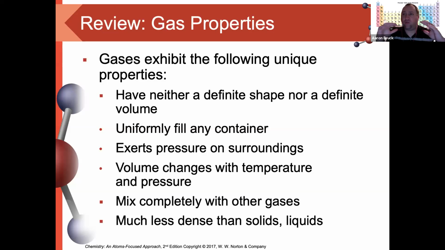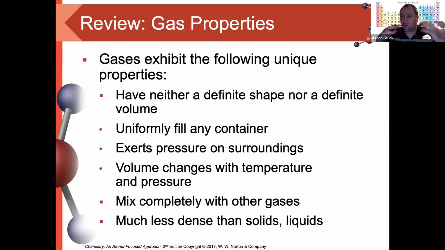They have a uniformity to them. They can fill any container. Unlike liquids and solids, they actually exert a pressure. And we know that with regard to volume, their volume will change significantly with temperature and pressure changes. And this is different than liquids and solids.